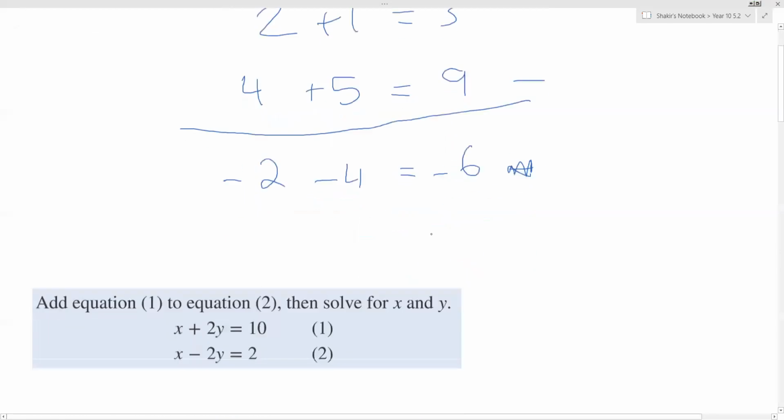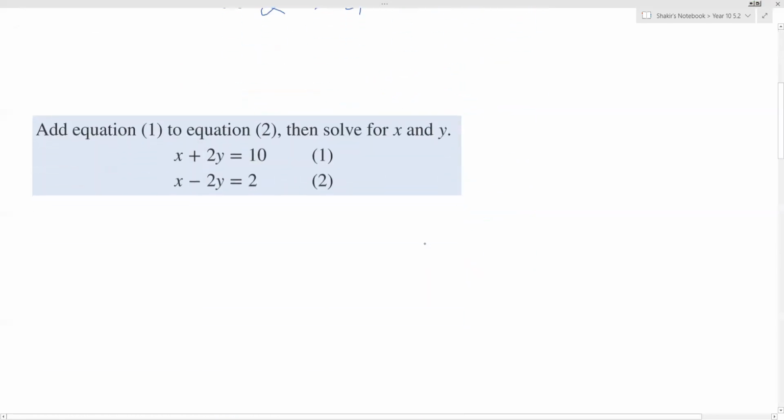Now we can use this in simultaneous equations to help us eliminate a variable. So observe, it says add equation 1 to equation 2. We can add these up. We can also subtract them, but first I'm going to try adding them together. 10 plus 2 is 12.